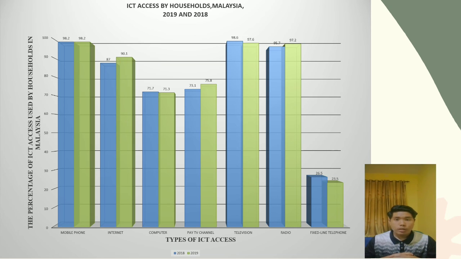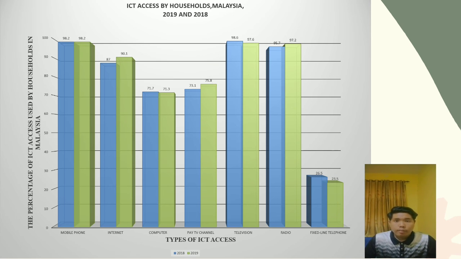This reduction is due to the advent of smartphones. Nowadays, most teenagers, children and adults prefer to use smartphones over fixed line telephones because they are easier and faster to use. Fixed line telephones are widely used in the workplace, such as in the office. In addition, fixed line telephones are still used by residents living in village areas as smartphones require a strong signal to make calls and the village area suffers from weak signal problems.